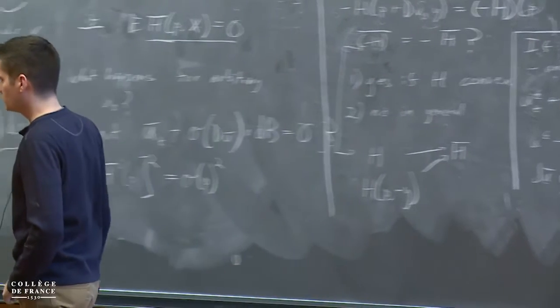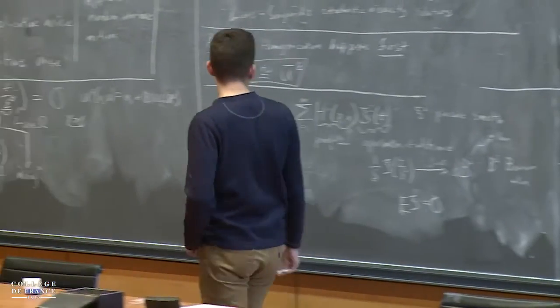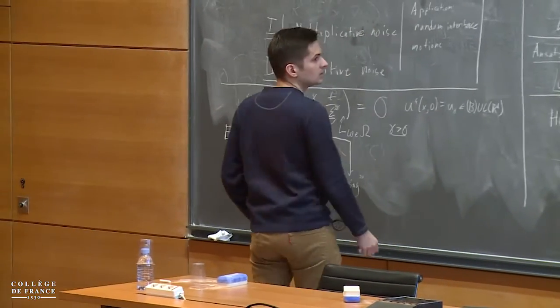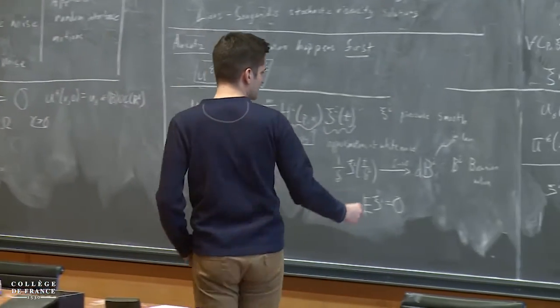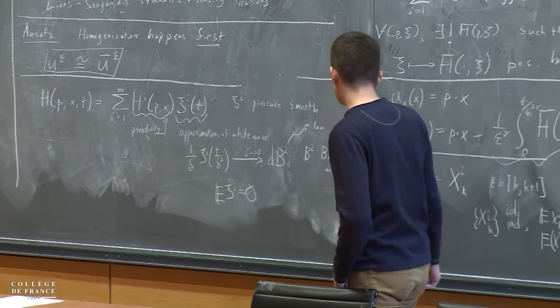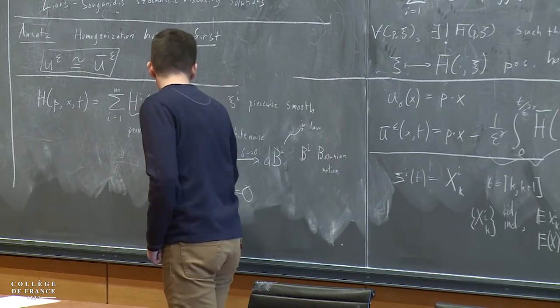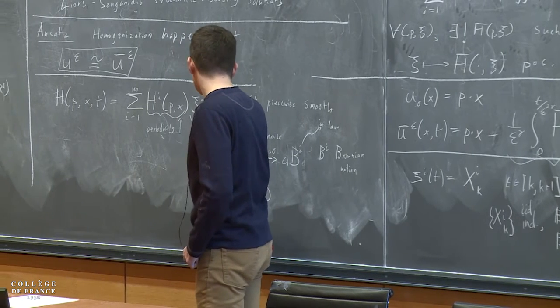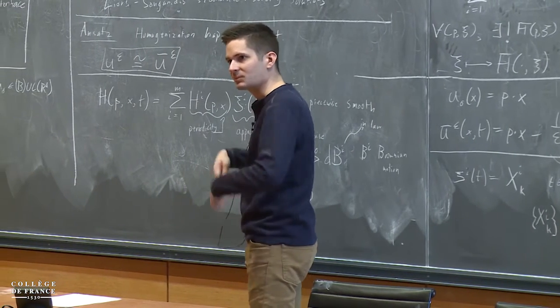And this will happen for my C epsilon given by this scaled quantity here. Where do I have it? Right here. I guess this is C delta, but I'm plugging in delta equals epsilon to the gamma.